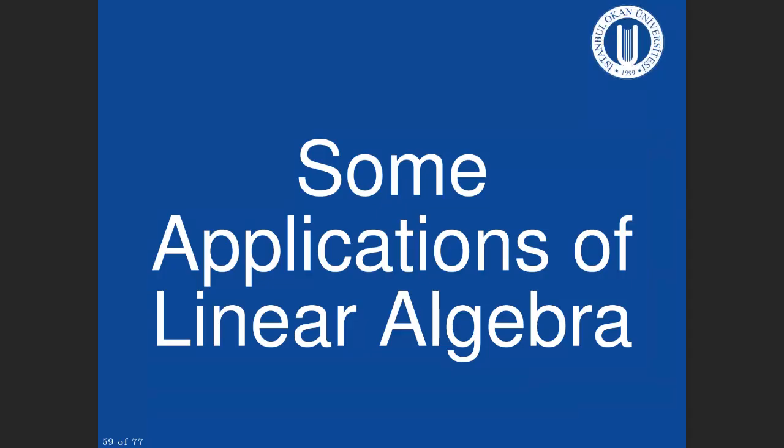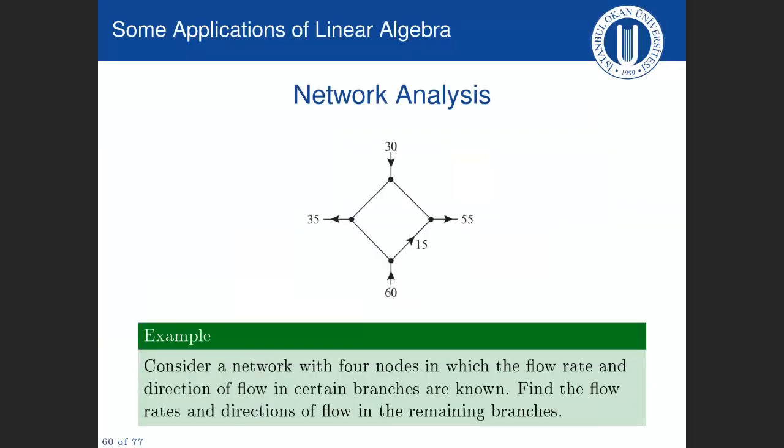I'm going to finish today's lesson by talking about some applications of linear algebra. Linear algebra could be used for network analysis. Let's suppose we have some picture like this, some lines and some points where the lines intersect. Each one of these lines is called a branch.